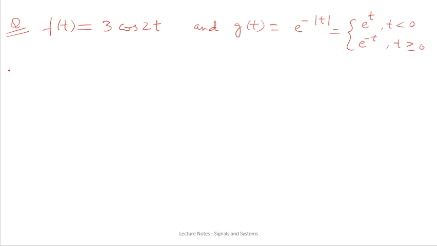The question was to find the convolution of these two signals f(t) and g(t).